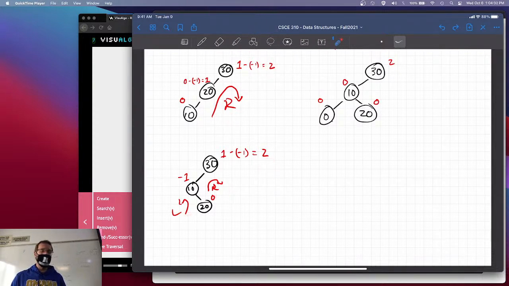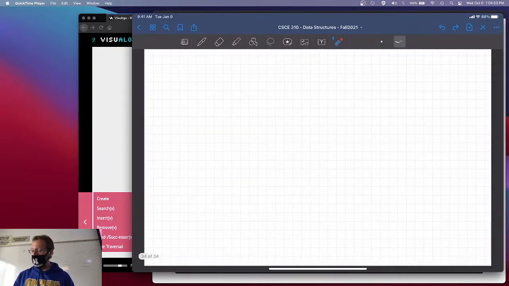How do you know which one to do? You look at the left child. Is that positive or is that negative? I'm giving you the only possibilities right here. Now, the left rotation and the right-left rotation, of course, would be mirror images of this. We do need to think about these in more general terms, though.